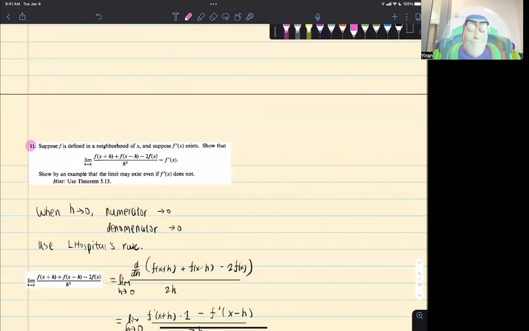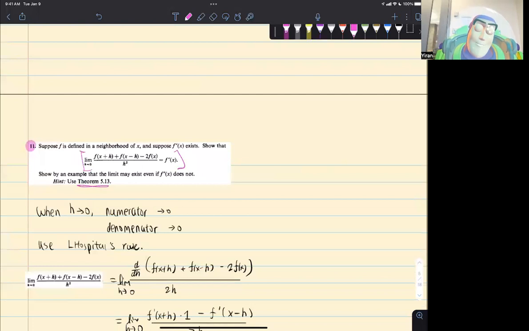And the next one: suppose f is defined in a neighborhood of x, and suppose f double prime exists. Show that the limit of this is equal to that. First of all, the hint, theorem 5.13, is L'Hopital's rule.